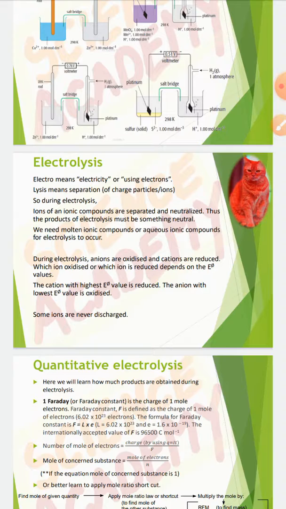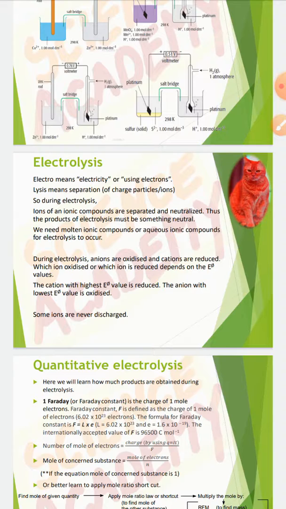That means the negative charges lose their electrons to become neutral, and positive charges gain electrons to become neutral. So positive charges are reduced and negative charges are oxidized to become neutral.